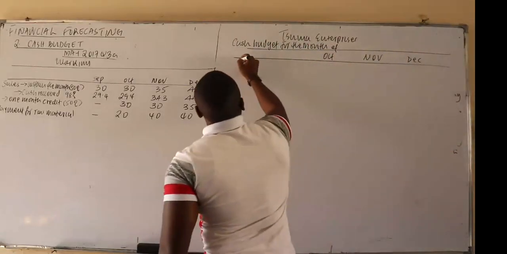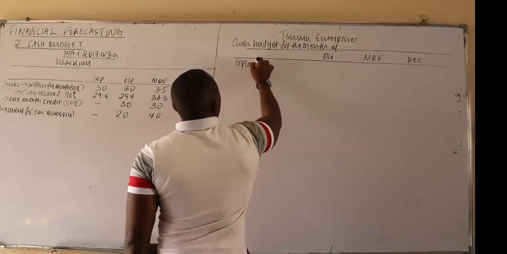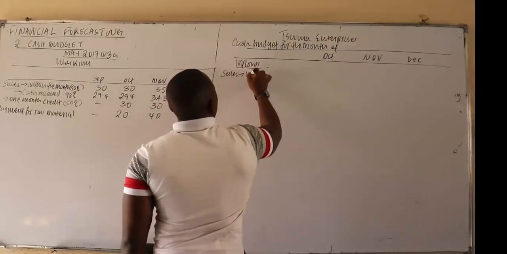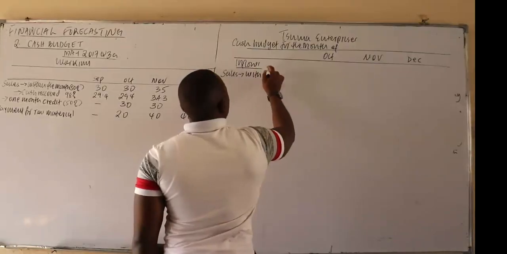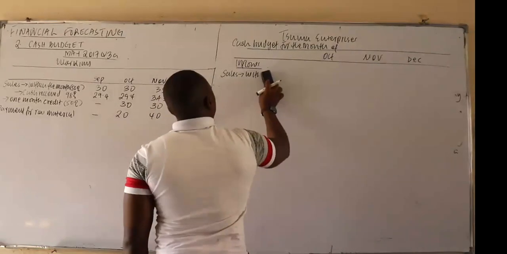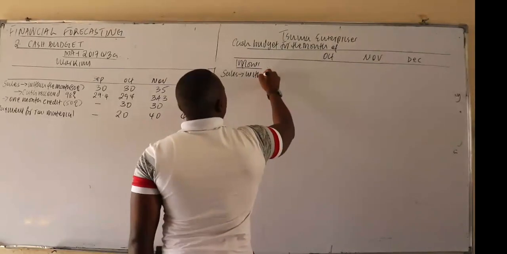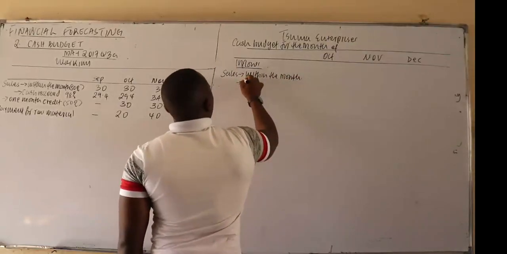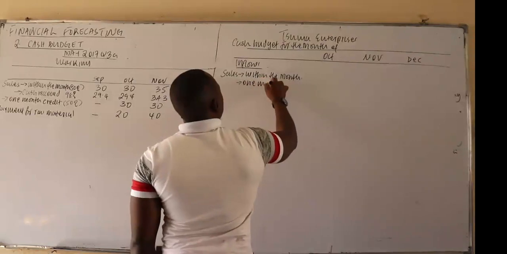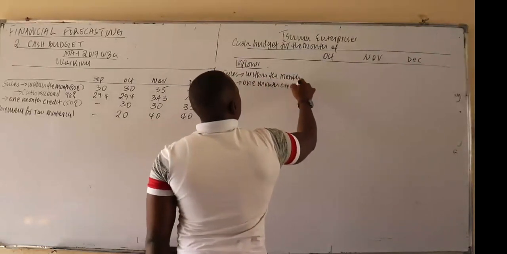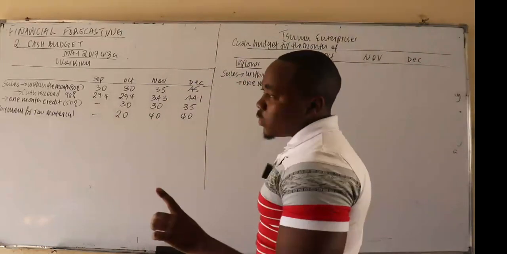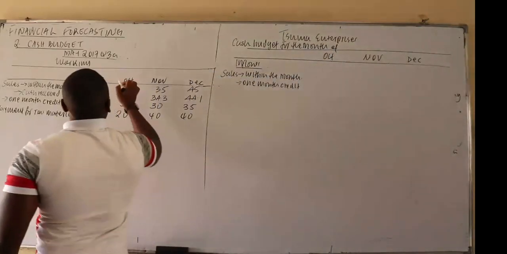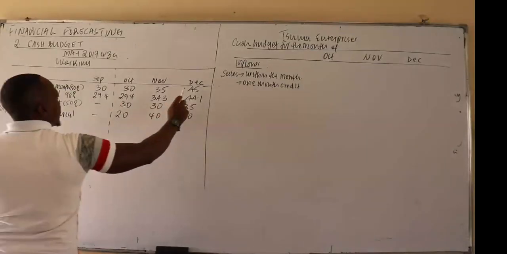We start with the inflows. Now for the inflows, we have the sales, the cash received within the month, and then 1 month credit. Note that this cash budget leads to the actual cash outflow for that period. So we just need from October to December.